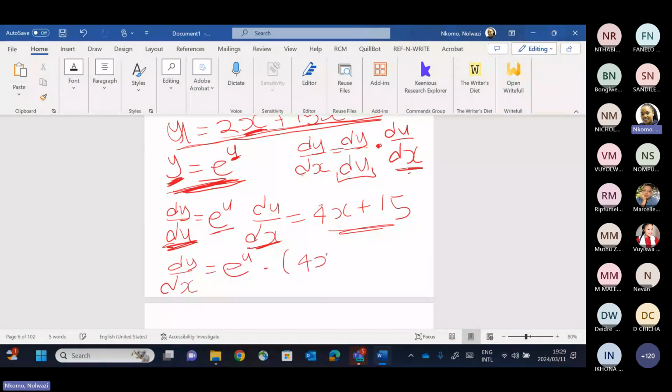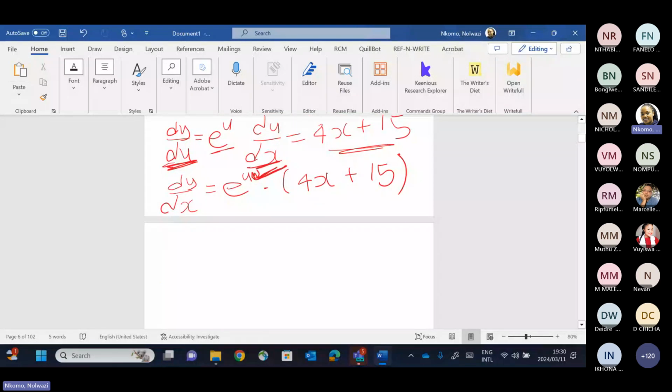But your function was not in terms of u, so we need to substitute the value of u we introduced. If we put back the value of u, we have dy over dx equals e to the power 2x squared plus 15x plus 9 times 4x plus 15, right?